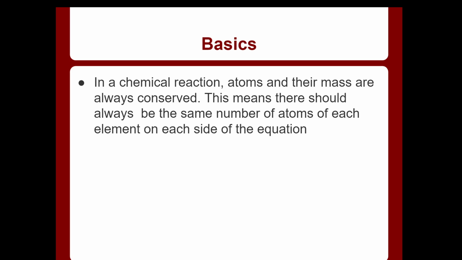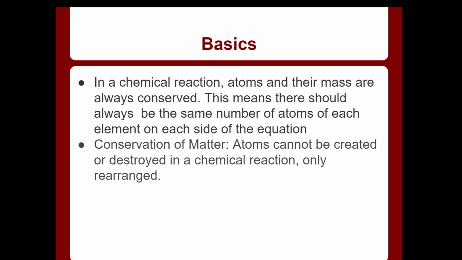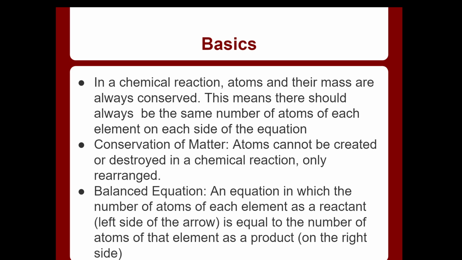And that means there should be the same number of atoms on each side of an equation for each element, okay? All right. So that's using our conservation of matter. And lastly, we have our balanced equation, an equation in which the number of atoms of each element as a reactant, left side of the arrow, is equal to the number of atoms of that element as a product on the right side. Okay?